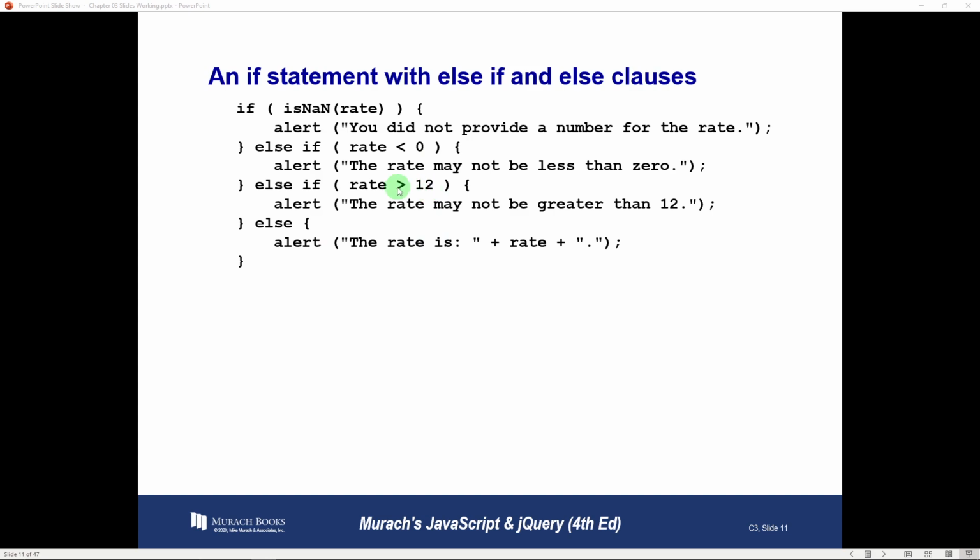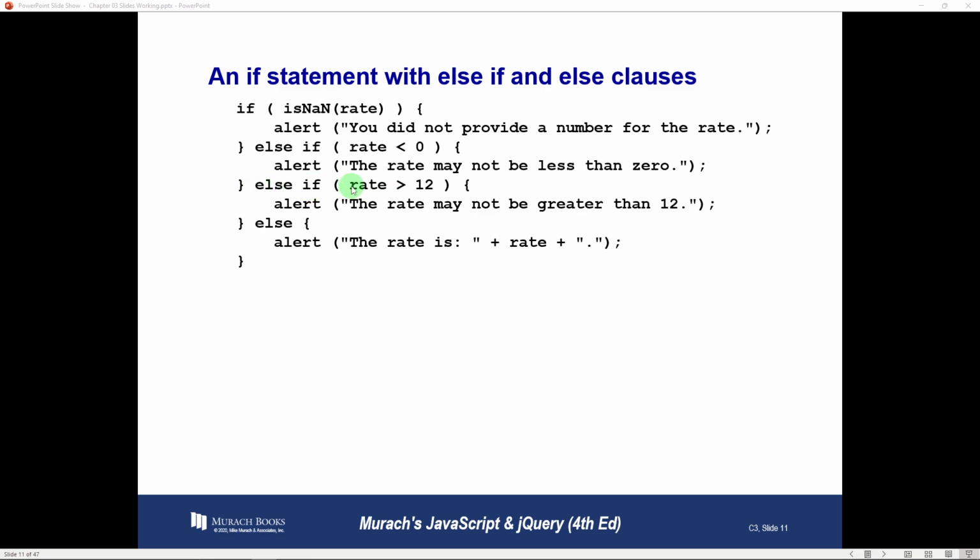So here's an example of that. If the rate is not a number, let's pop up an alert box that says you did not provide a number for the rate. But if that's not true, then we'll test this. Otherwise, if the rate is less than 0, I want a pop-up alert that says the rate may not be less than 0. But if that's not true, I'm going to do another test so that I have another else if.